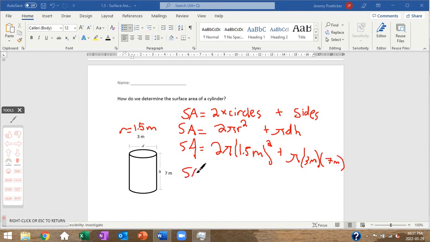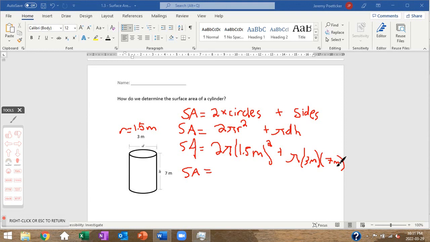And so now I just got to do some calculator stuff. I would recommend doing the 2 pi r squared part and then doing the pi dh part separately. So we've got, oops, come back. 2 times 3.14 times 1.5 times 1.5 is what I actually type into my calculator, because I know that 1.5 squared is just 1.5 times 1.5.